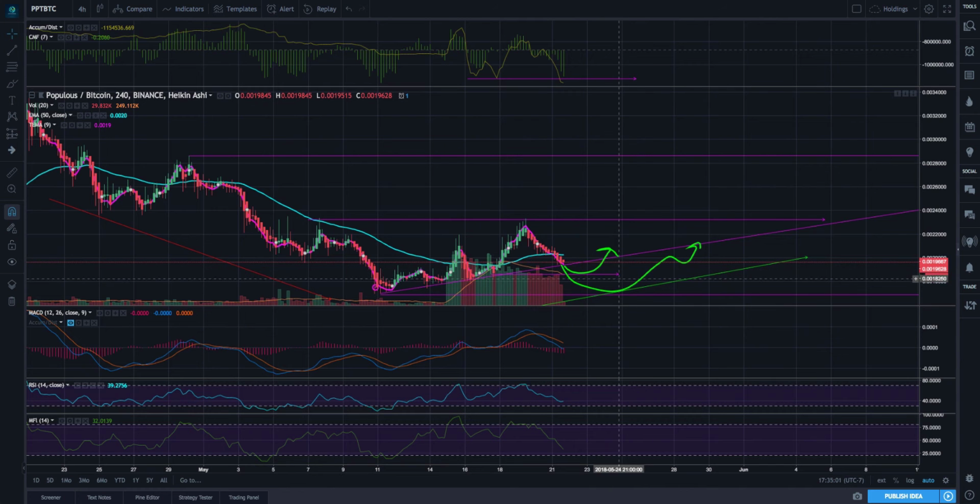So there's still fundamentally good positive signs here. The RSI is at around 40. It might hit 30 or even go below 30, which suggests the coin's being oversold, and you would probably get more investors coming in there.